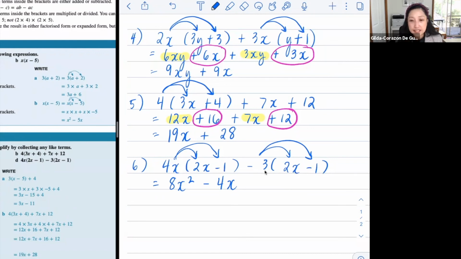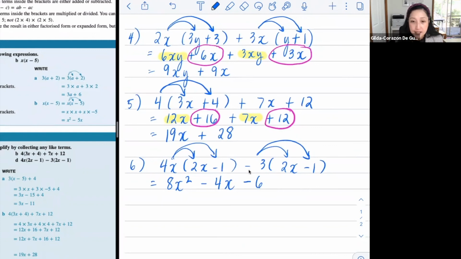Okay, so you've got negative 3 multiplied to 2x. Numbers first, then letters. Negative 3 times 2 gives you negative 6, right? And then you've got, it doesn't have a letter, and therefore you just put in the x, right? Negative 3 times negative 1 becomes positive 3.